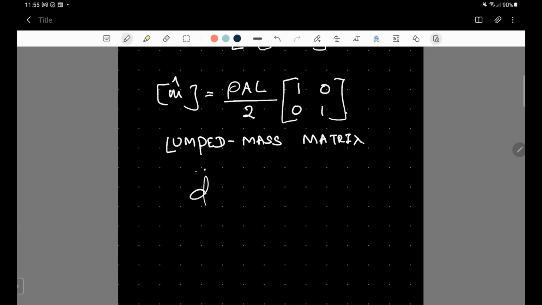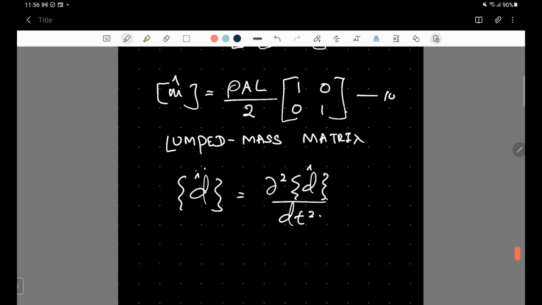Also we can write the acceleration terms, as in equation 10.12. One interesting observation is that the lumped mass matrix only has diagonal terms.